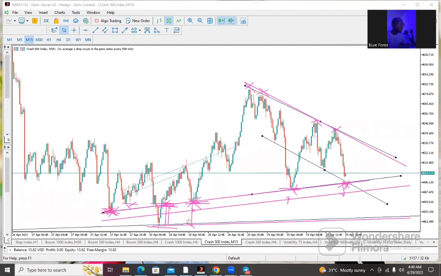And if the trade touches the support area, the fresh support area, I have to place another entry over here.